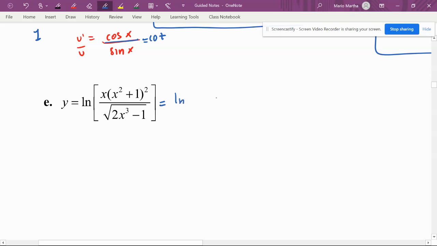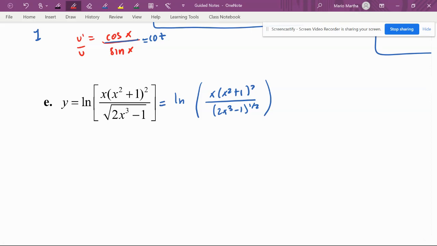So this is the natural log of x times x squared plus 1 to the second power. There's nothing I can simplify there. And then here I have a square root, so it's going to be 2x to the third power minus 1 raised to the 1/2. So there's a couple of things you guys have to be mindful about here, right?